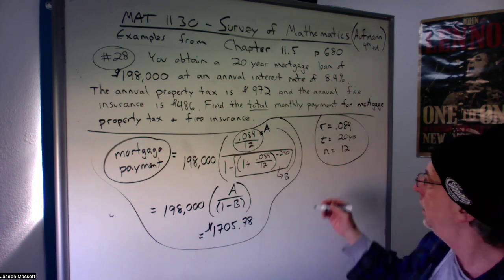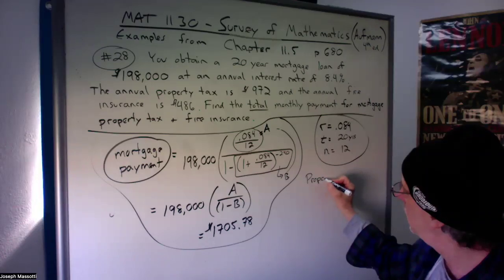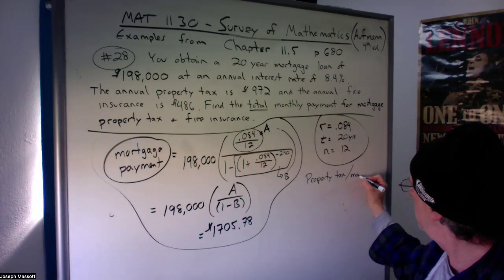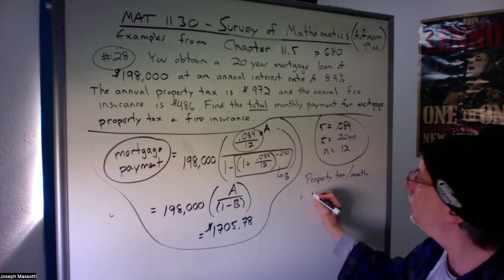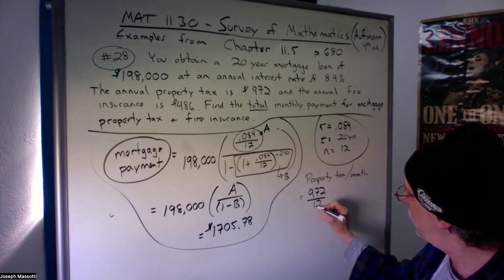The property tax per month is just going to be 972 divided by 12.